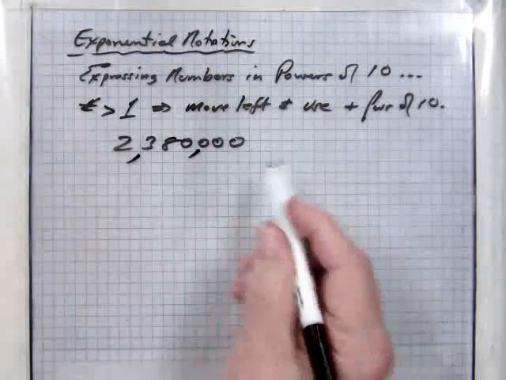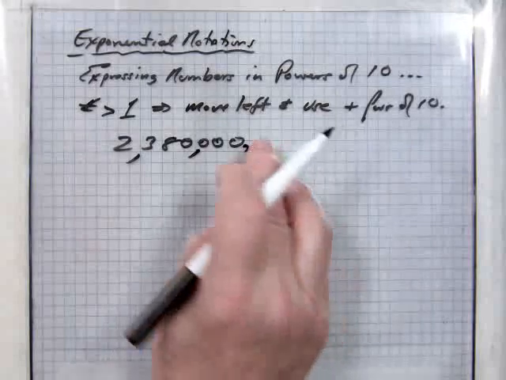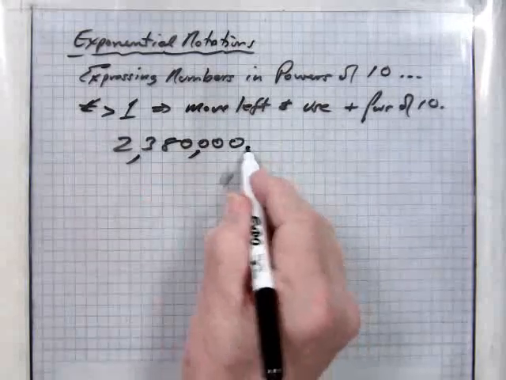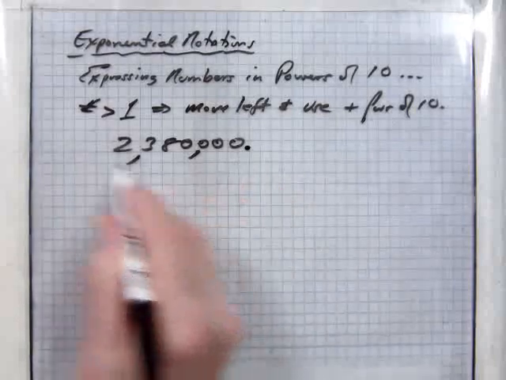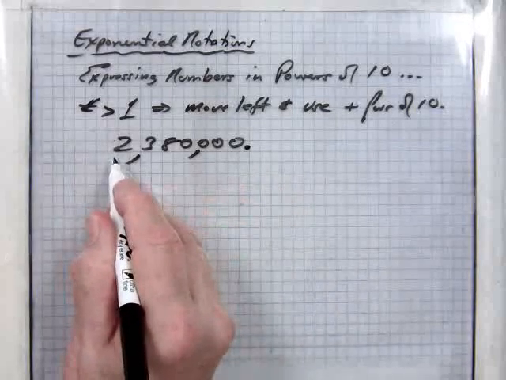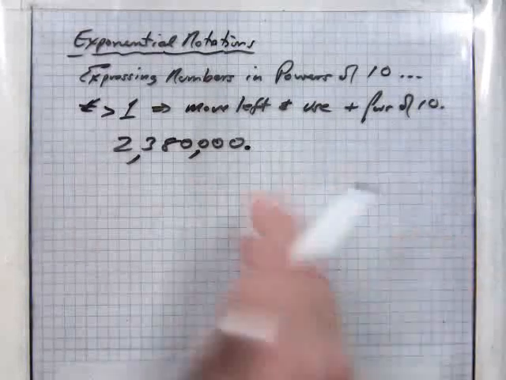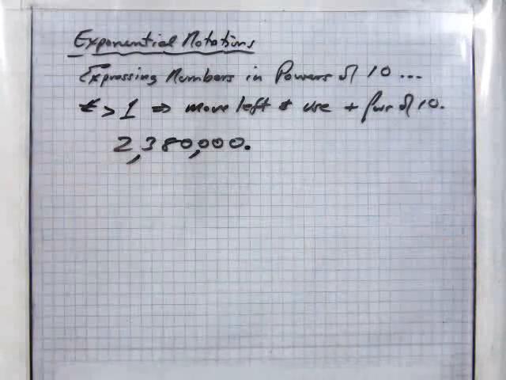Okay, you assume the decimal is on this last position right here, and you can move the decimal to the left and use a power of 10 in this particular one, if that's what you want to do.